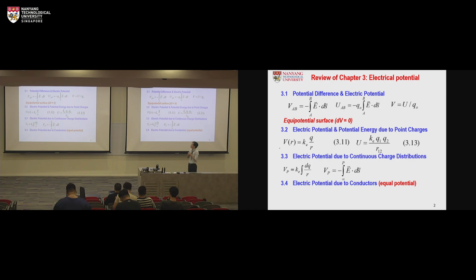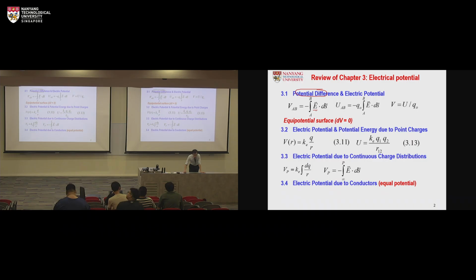And the second part is about this electrical potential. And electrical potential and also potential energy basically is a description of the same thing. It's still about this electrical field, but it's a description in terms of the energy. So it's a different aspect of description of the same physics. And we can build up those relations, let's say this potential difference and also potential energy difference.